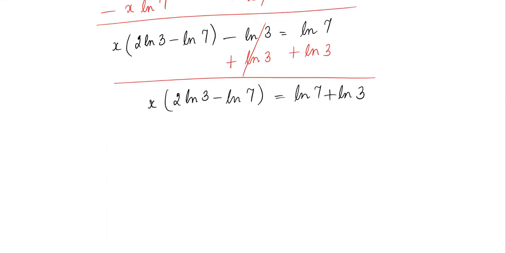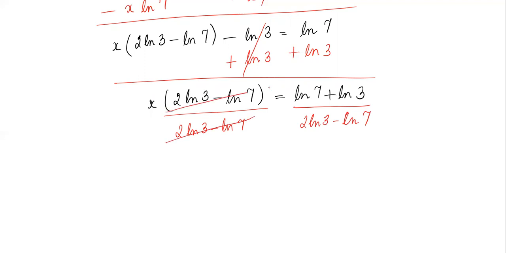One more step, I have to divide this out. 2 ln 3 minus ln 7. And this whole thing goes away, leaving us with just the x. That was the point. You may be asked to leave your answer like this, because after this point you have to use your calculator.